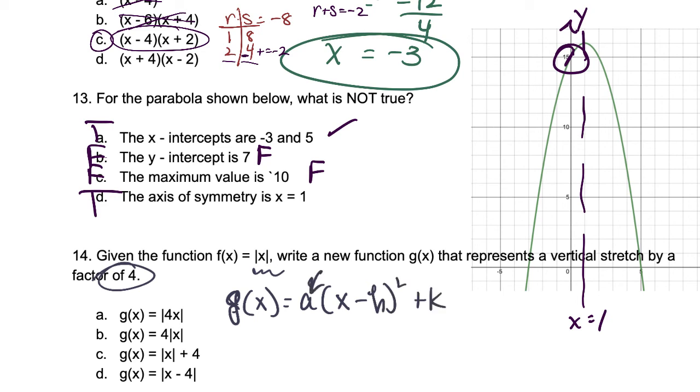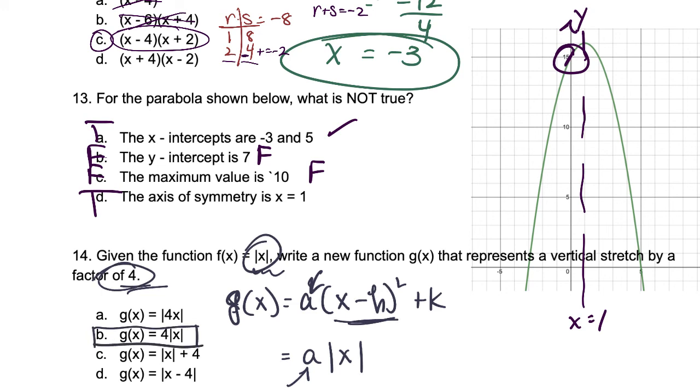And we always commented how the a is what causes it to stretch or vertically shrink. Well, in this case, they want the parent function, instead of being a quadratic, is just an absolute value. So we just want to change a, in this case, to a 4 to make it stretch by that factor of 4.